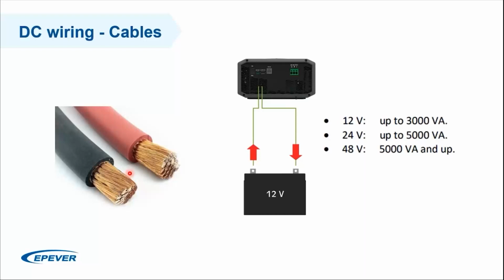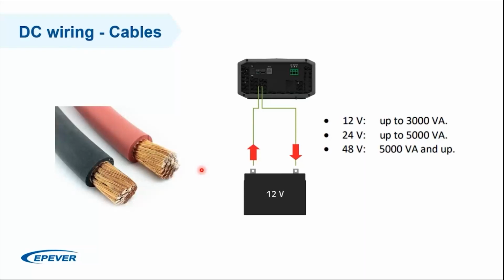But if you choose a 24-volt or 48-volt system for your battery, you can still use a thinner cable because you have increased the voltage and the current has come down. This is the trick: you can use thinner cables, which is cost effective, and still have the same power out of your system.